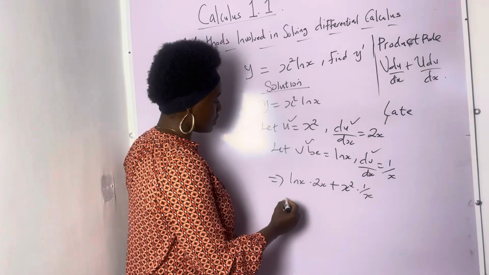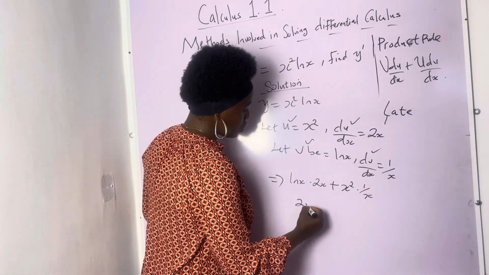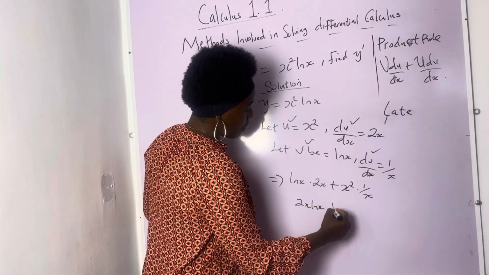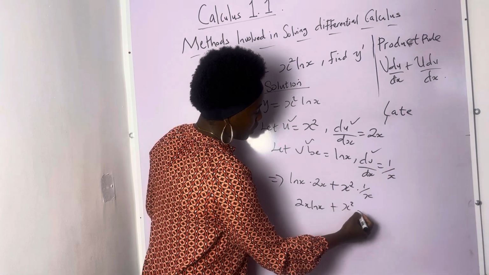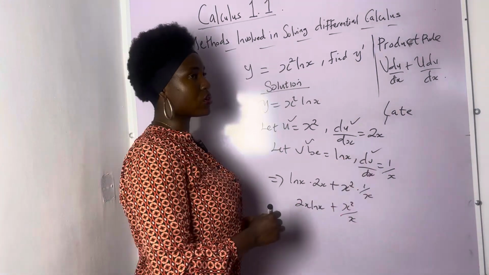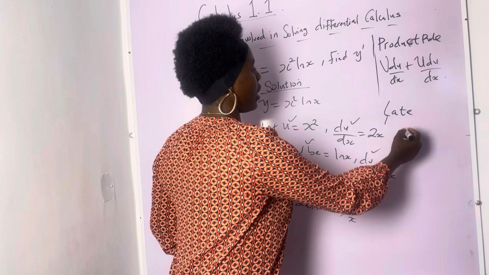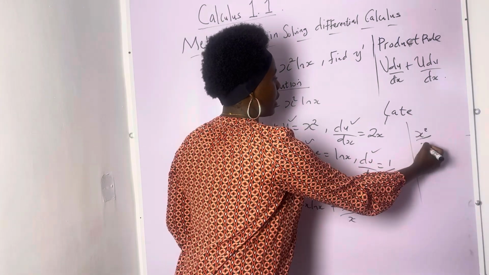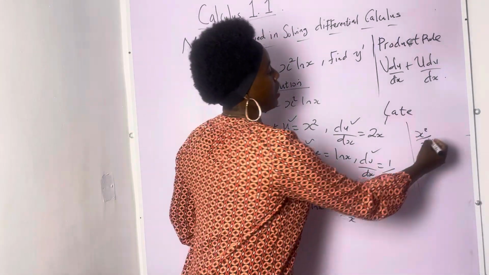So we have 2x ln x plus x squared over x.